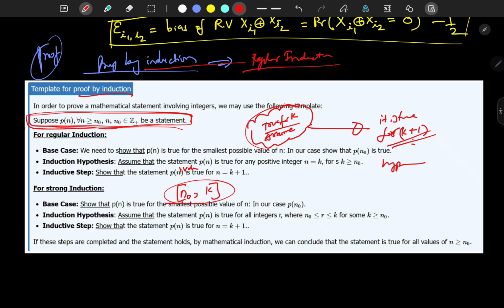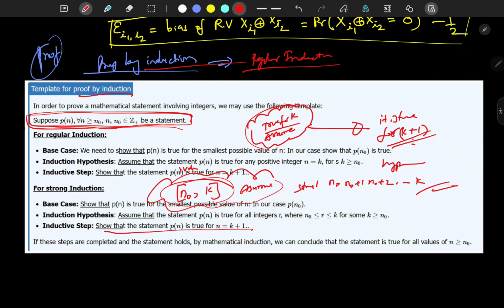We assume the statement is true for this whole range of values: n naught plus 1, n naught plus 2, and so on up to k.